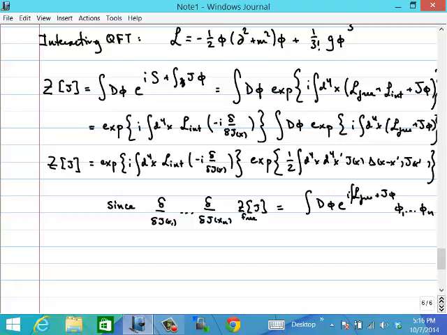Every time you have a phi of x that you want to add to this, you take this path integral here and imagine expanding out in powers of L interaction. That'll bring down some number of phi's, and the way that you get those phi's is you take derivatives of the expression without phi's with respect to j.